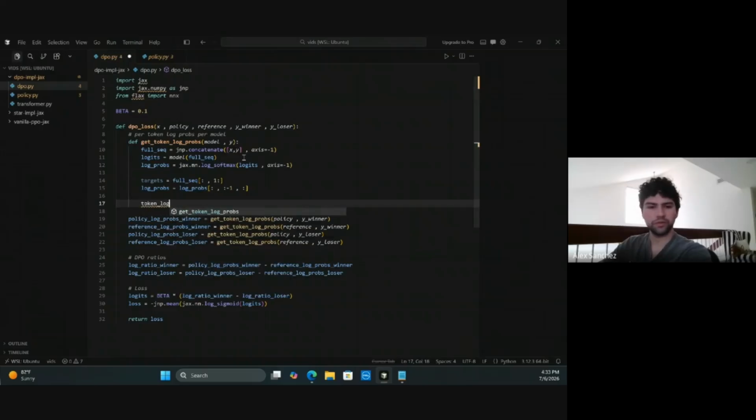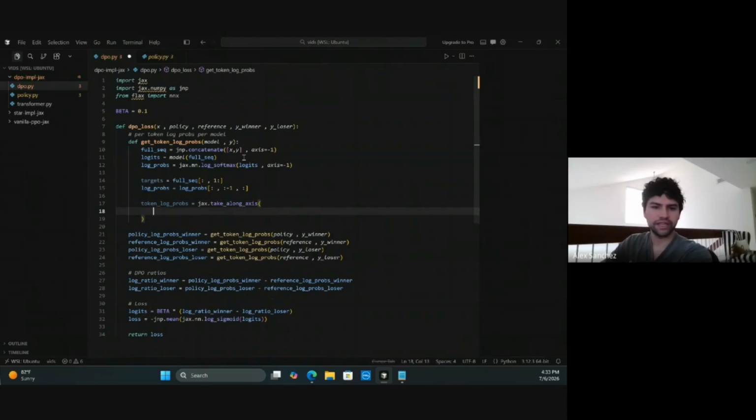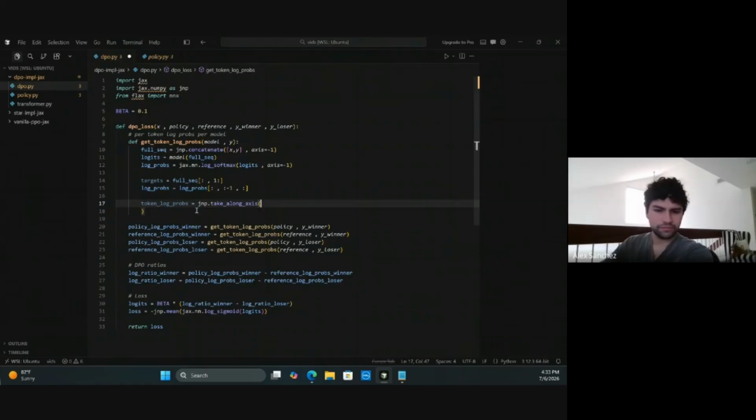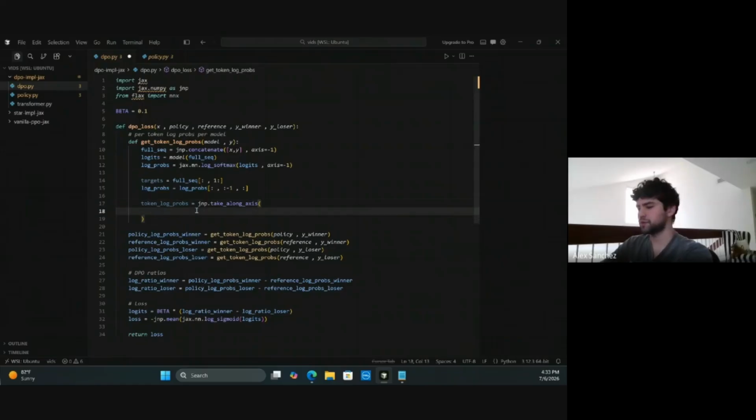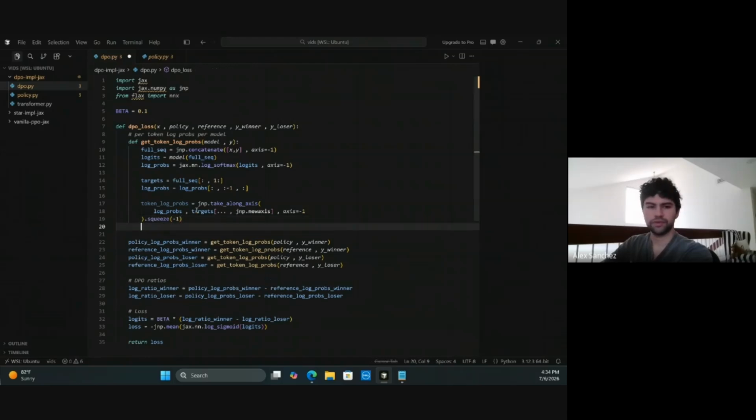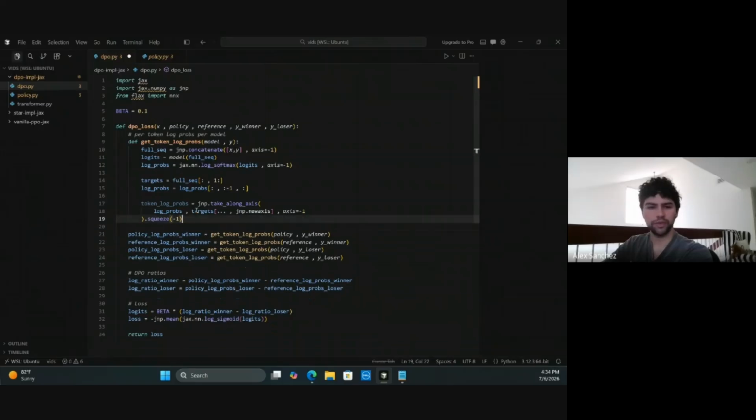And so we get the token log probabilities of the actual tokens that were in the response, with jnp.take_along_axis, sorry, not JAX, jnp.take_along_axis. We get log probs, and we also pass in this, along the last axis, and we squeeze on -1. And yeah, this is basically what we return.